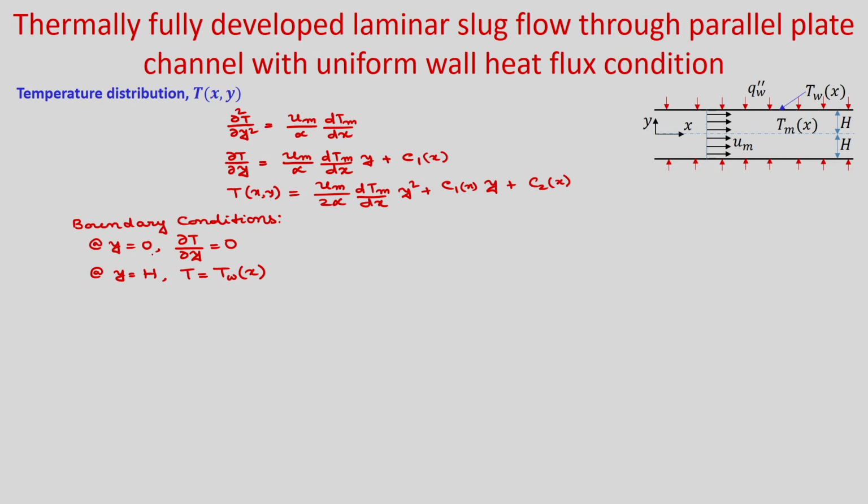So, now if you put ∂T/∂y as 0 at y = 0, then you can see from this equation that C1 will be 0. And at y = h, if you put T = T_w, then you can see that T_w, which is a function of x, will be (u_m/2α)(dT_m/dx) h² + C2.